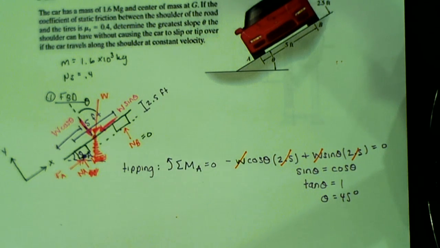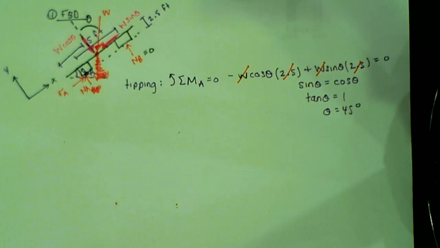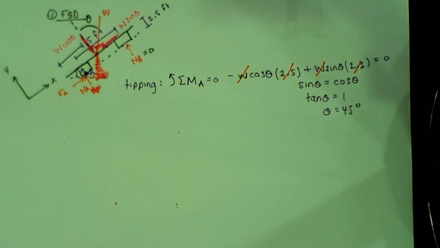Now for slipping, this is where things get a little interesting. Tipping is a bit more straightforward, because the normal at B is 0, and if I took the moment at point A, the normal at A has no perpendicular distance, because it's at point A.